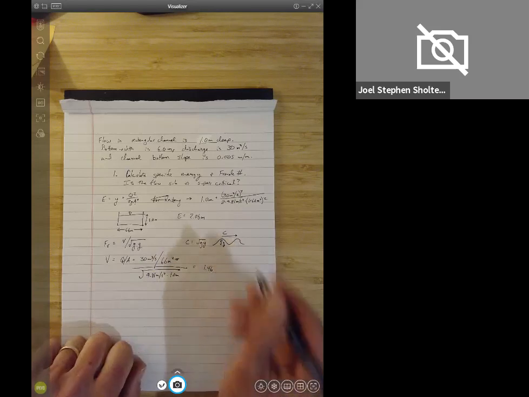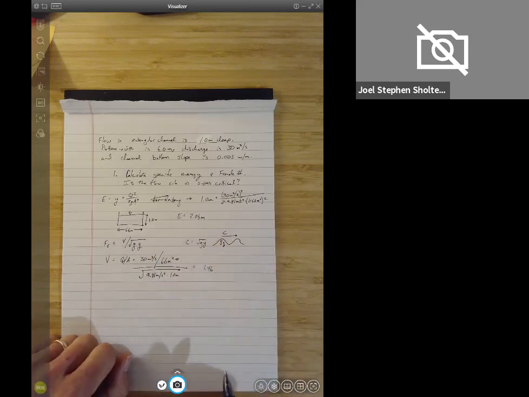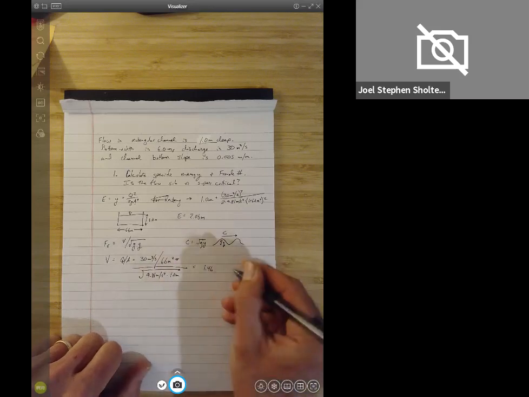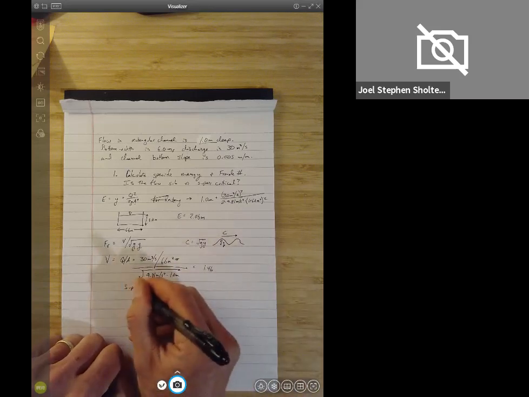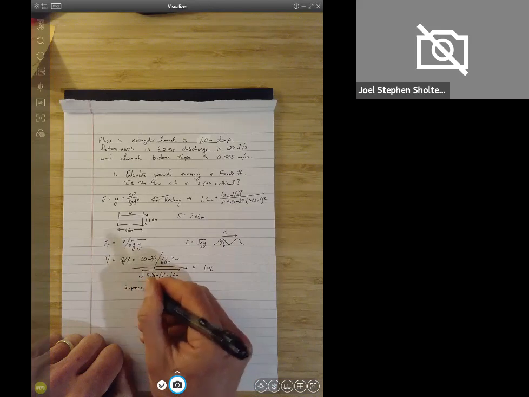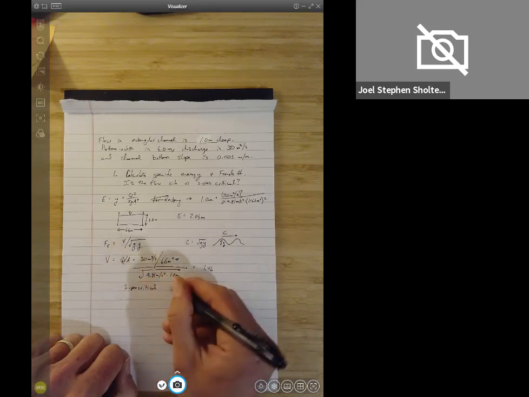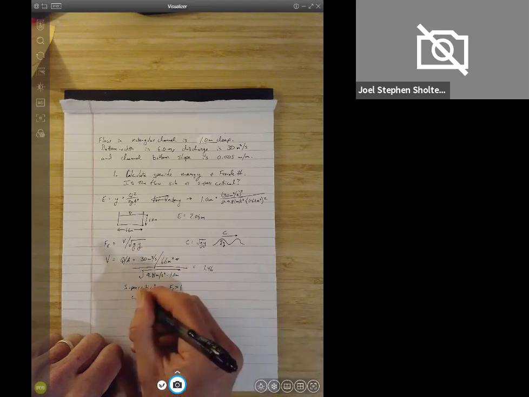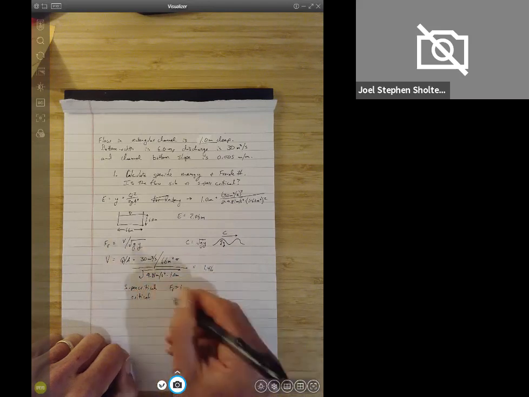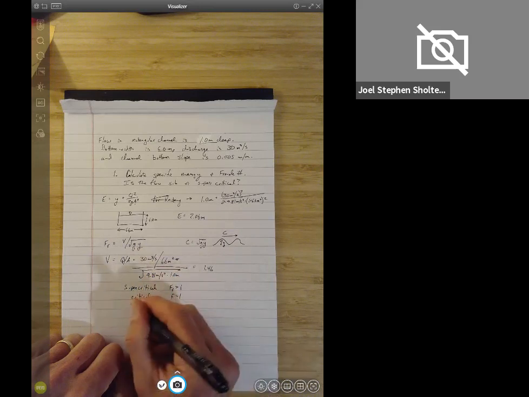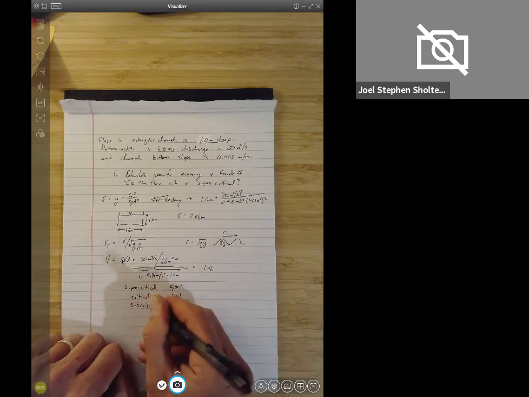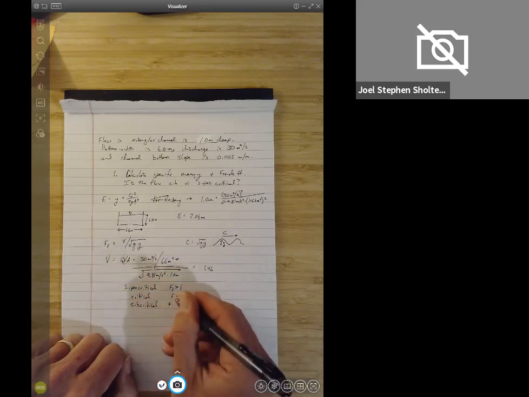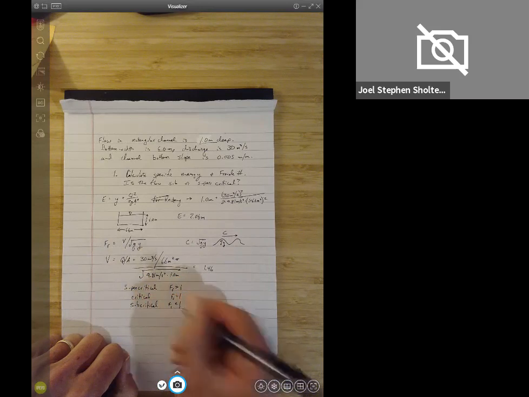All right, so is it supercritical or subcritical? Well, it's going to be supercritical for Froude number greater than 1. We're going to be critical for Froude number equal to 1, and then we're going to be subcritical for Froude number less than 1.